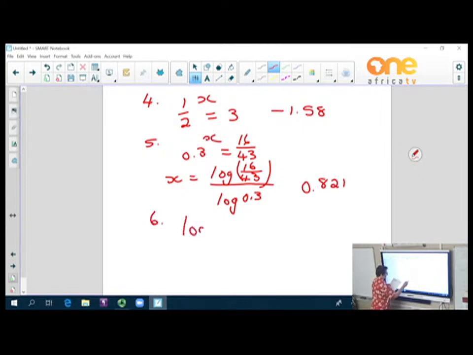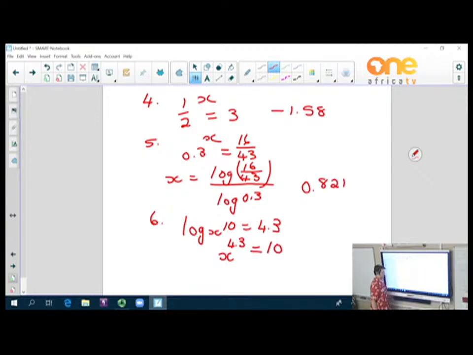Number 6, log x of 10 is equal to 4.3. Again, let's refer back to our basic method. So what will this one be? X to the power of 4.3 is equal to 10.